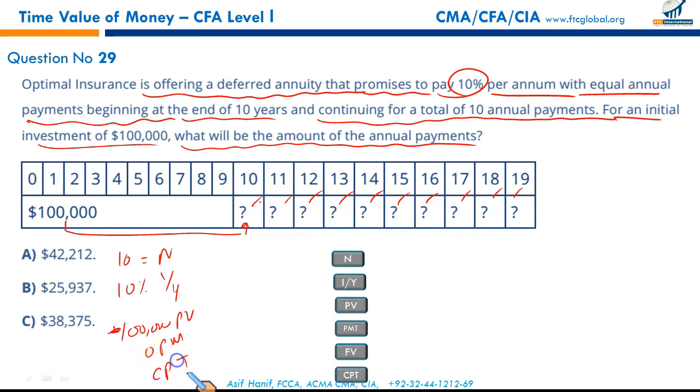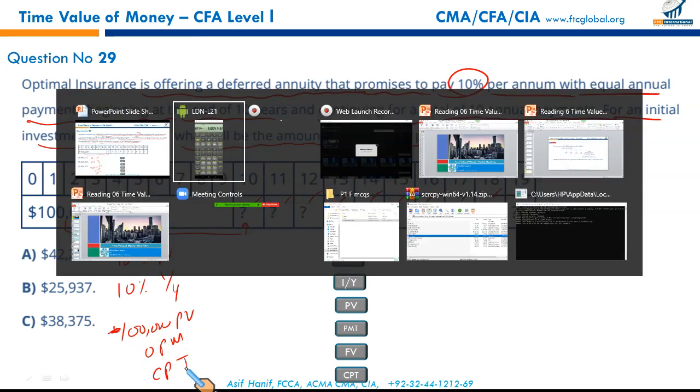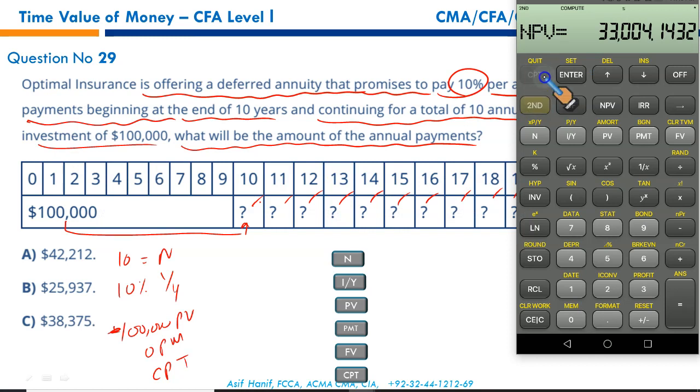Let us first calculate the future value. 10N, 10 interest rate. Negative is the present value, 0 payment. What will be its future value?